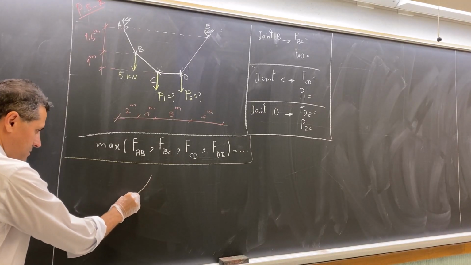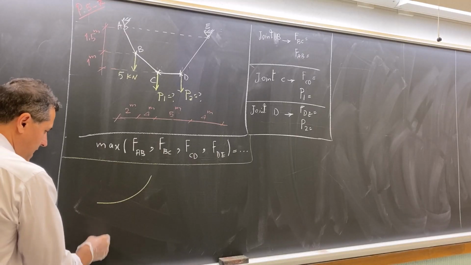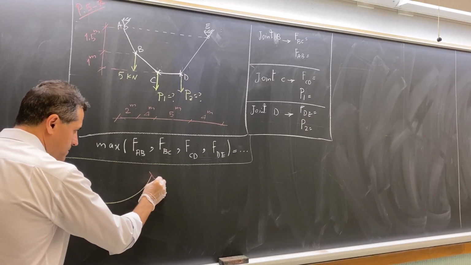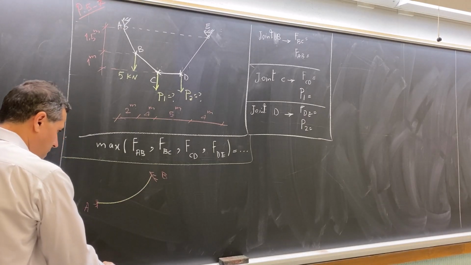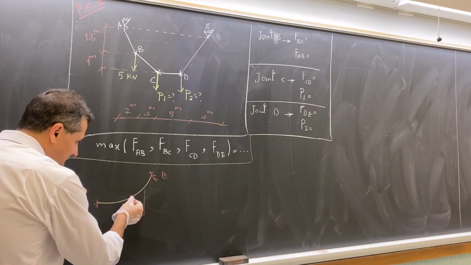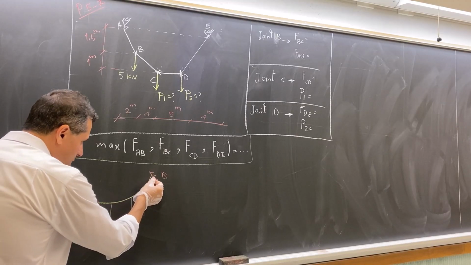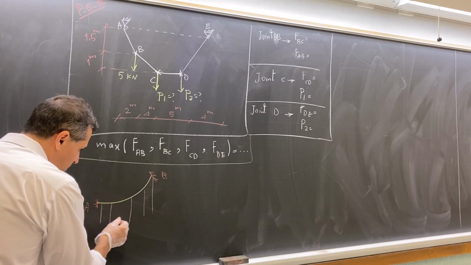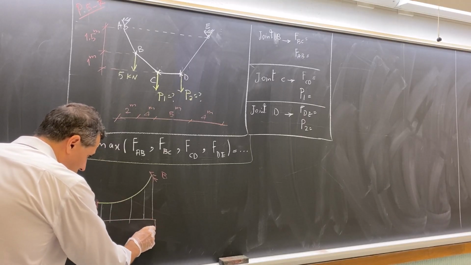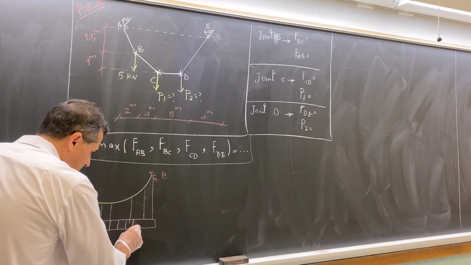Consider this cable from point A to point B. If it is under uniformly distributed load from an external object, it means that, for example, this cable is attached to a beam, a suspending beam, whatever.